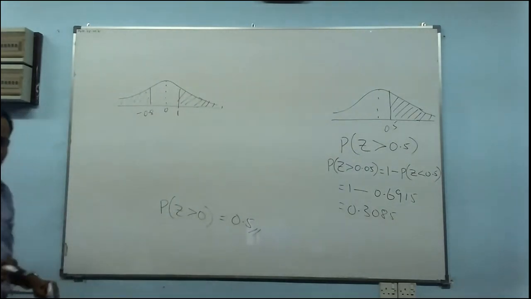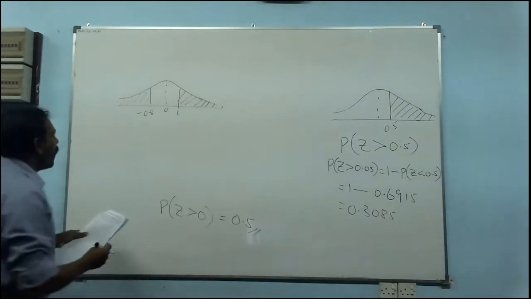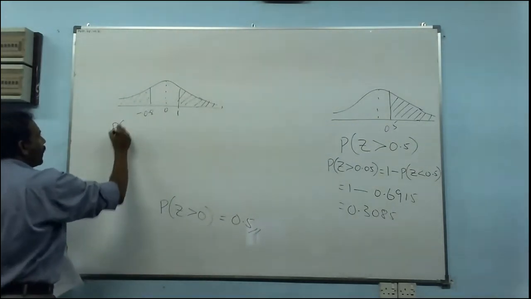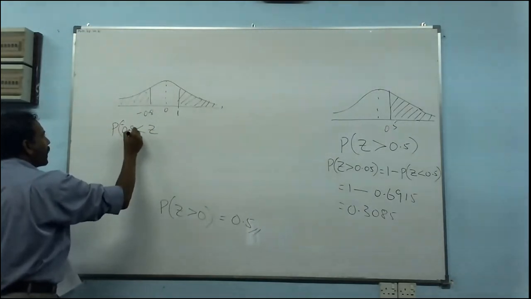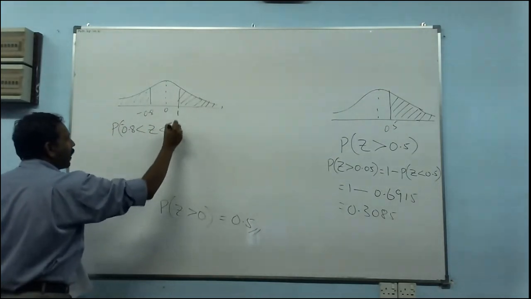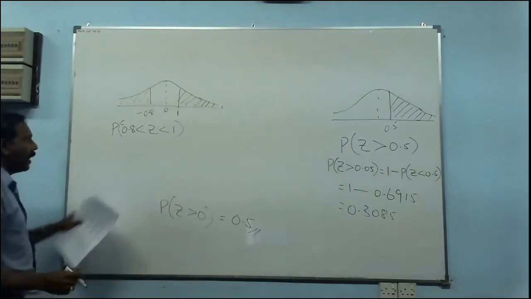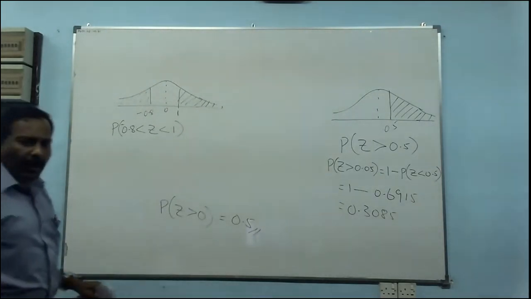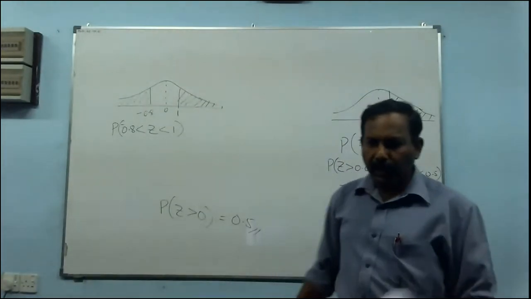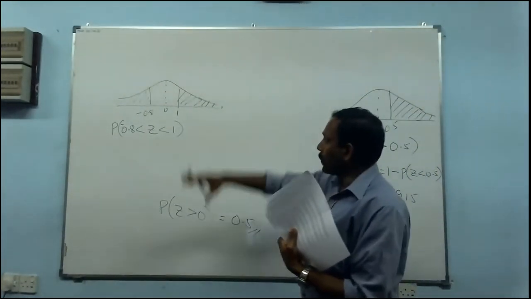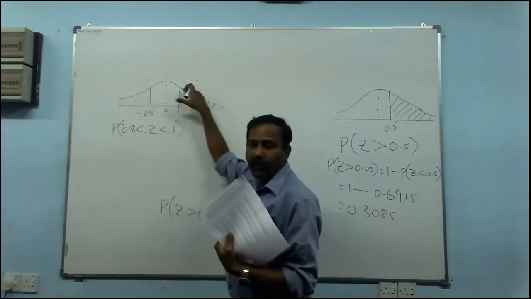How can I write the probability of z greater than minus 0.8 and less than 1? How can we write down the answer for this using this table, considering the whole area is 1?